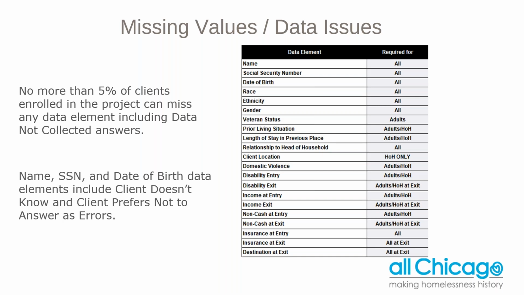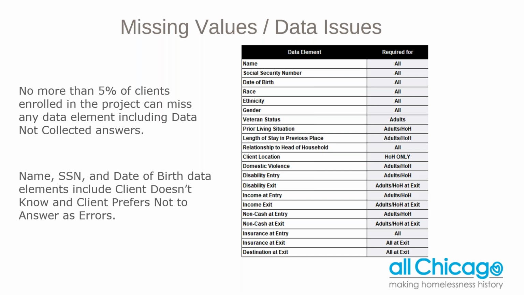But gender, veteran status, prior living situation, length of stay in previous place, relationship to head of household, client location, domestic violence, disability at entry and exit, income at entry and exit, non-cash benefit at entry and exit, insurance at entry and exit, and destination.